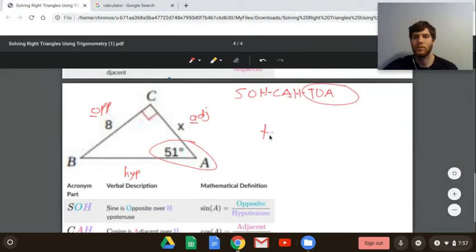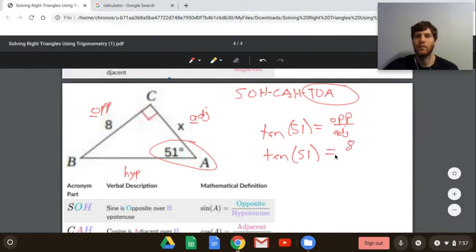So tangent 52, sorry, it's 51. It's going to be equal to opposite over adjacent. Okay, so tangent 51, opposite is 8, adjacent is x.